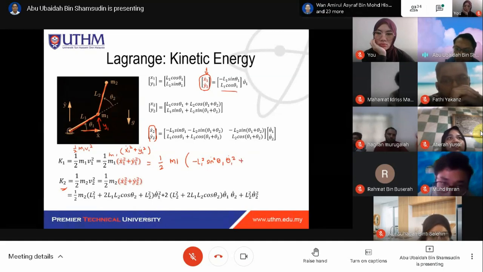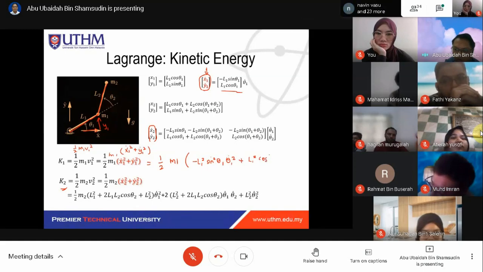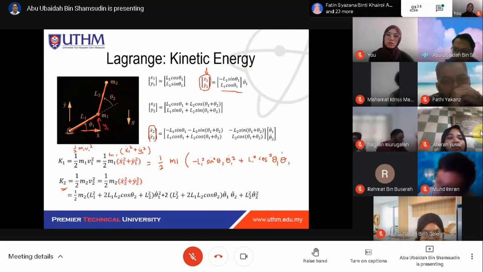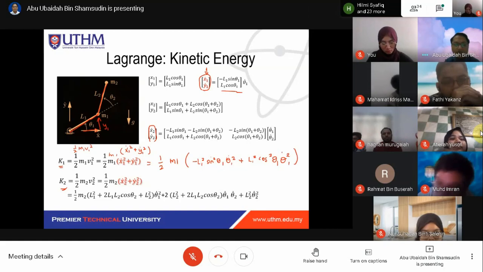So which is this one, which is L1 powered by 2 cos powered by 2 theta 1 theta dot 1 powered by 2. Okay, so this is the answer for K1.